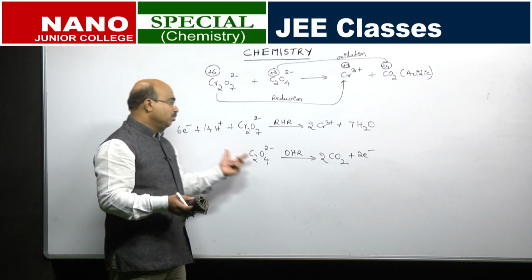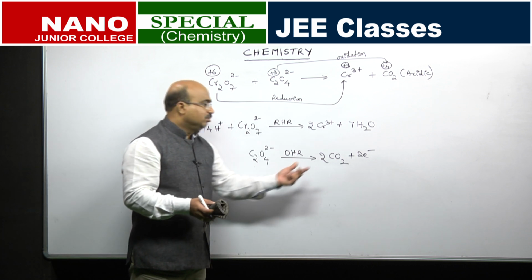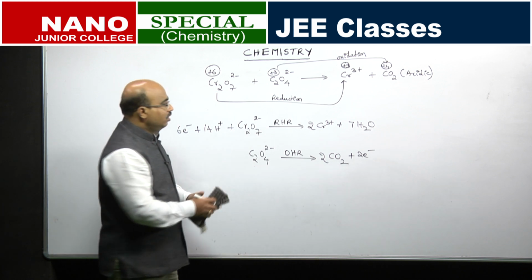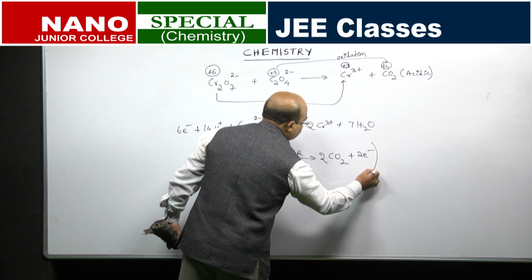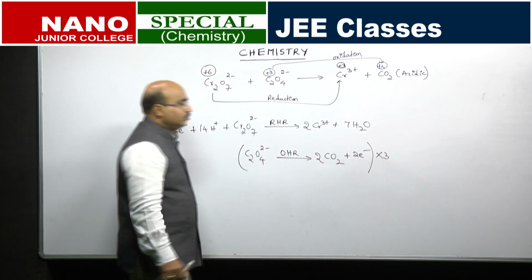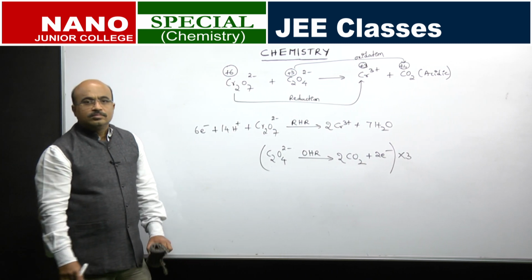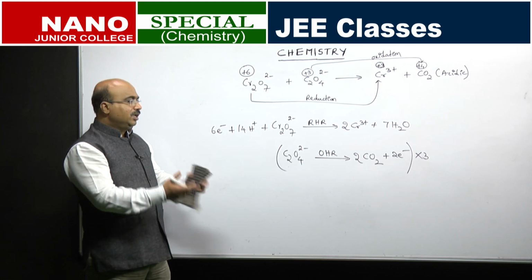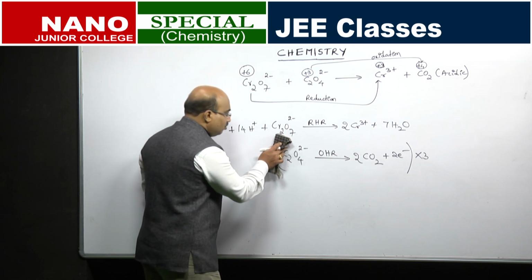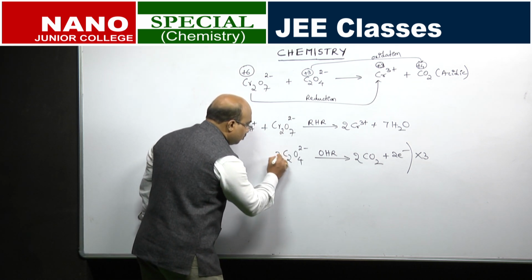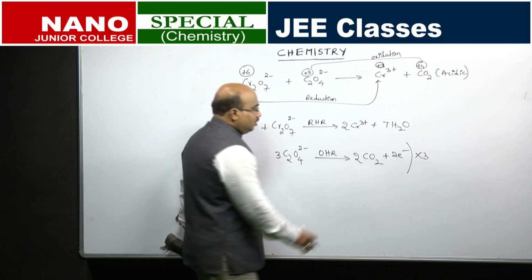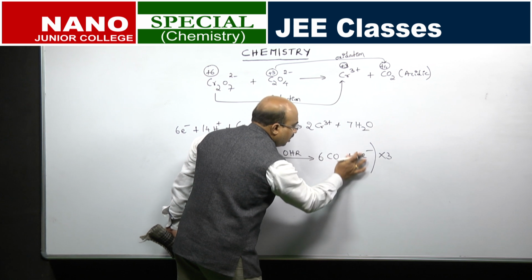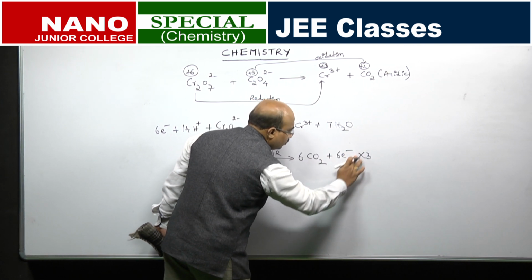Multiply this with 2 or multiply this with 6, they become equal, or simply multiply this equation only with 3, it becomes equal. So, multiply this with 3. When you multiply this with 3 directly, we will replace the coefficients now. So, this becomes 3, this becomes 2 into 3, 6, this becomes 2 into 3, 6.